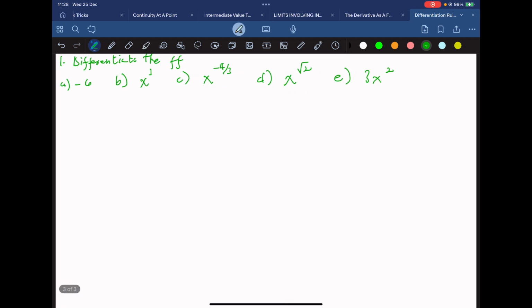So for our a, we know that whenever we differentiate a constant, we get 0. So this goes to 0.